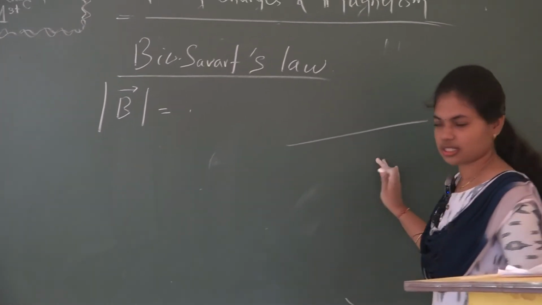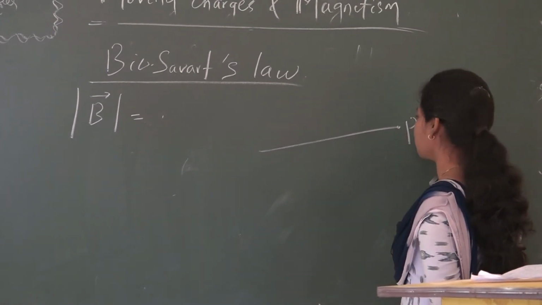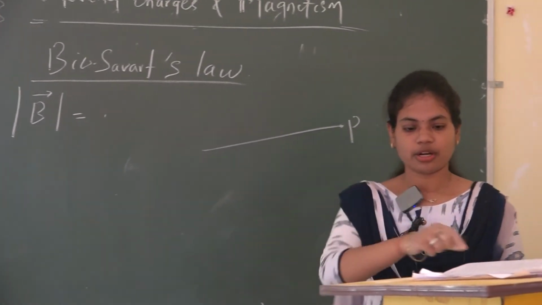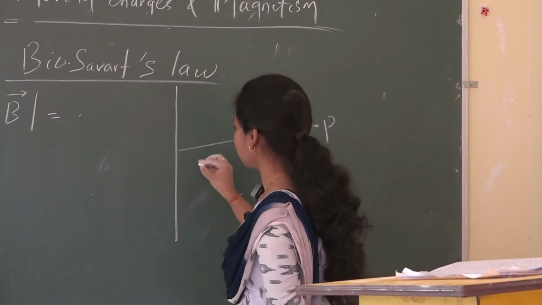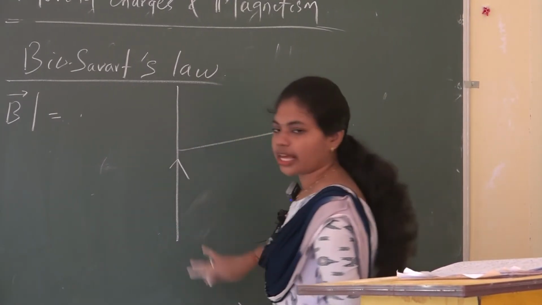Suppose this is a wire, and point P is present here. That is the current carrying wire.